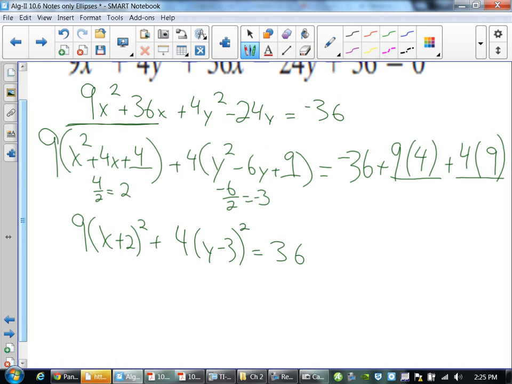One of the things that this book tends to do with completing the square, especially with the conics, is you're going to see a lot of 9s, 4s, 36s, 64s, 72s, 25s, 49s. You'll see a lot of perfect squares because they're trying not to overburden you with really difficult A, B's, and C's.